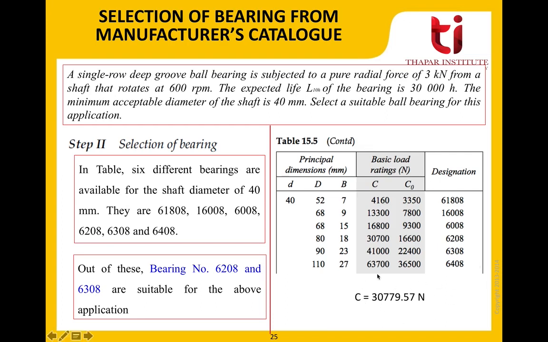But for this dynamic load capacity, we can narrow down the search to 2 bearings, where we can see that our evaluated dynamic load capacity lies in between these 2 bearing series. So out of these, bearing number 6208 and bearing number 6308 are suitable for the above application.